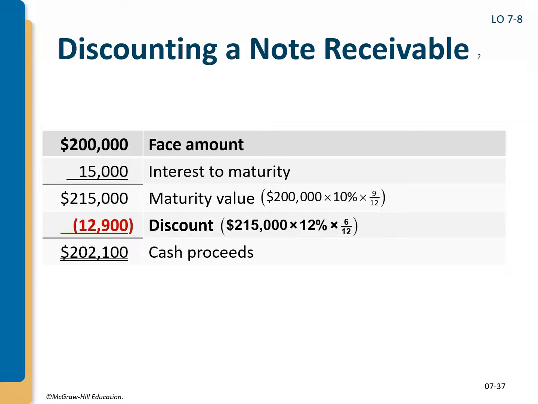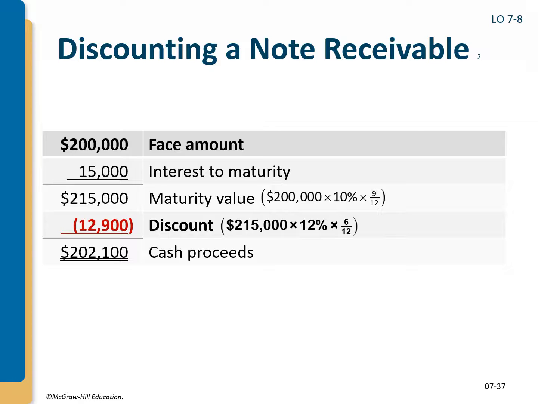Next step, determine how much Stridewell is going to receive when they sell this note to the financial institution. Well, here's how you discount a note, or determine how much you're actually going to get when you sell that note receivable. What is the face amount of the note plus the interest to maturity?